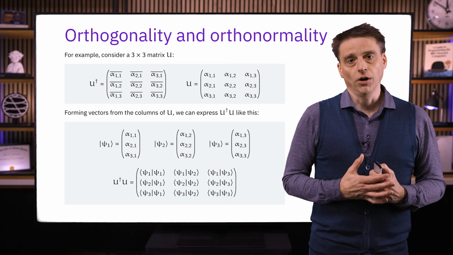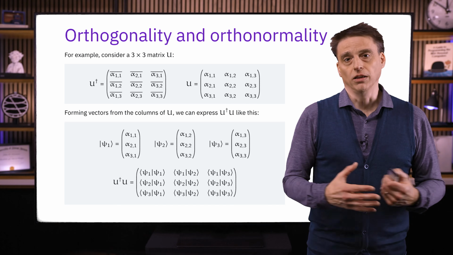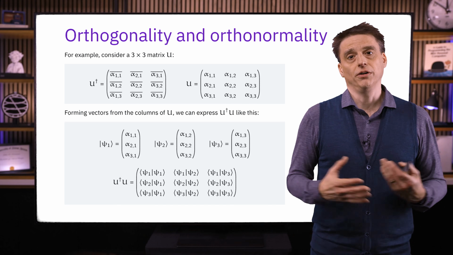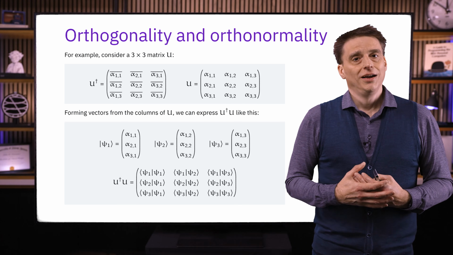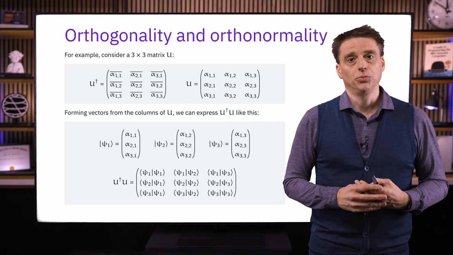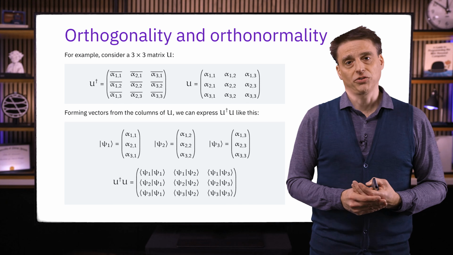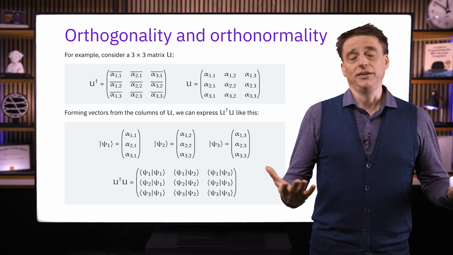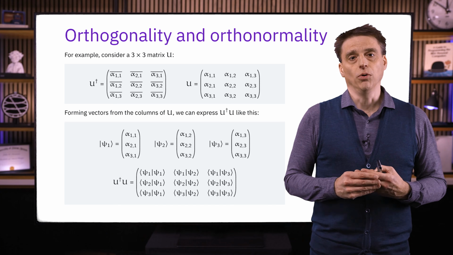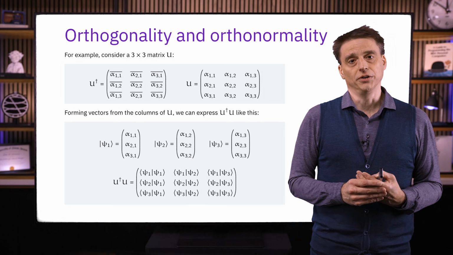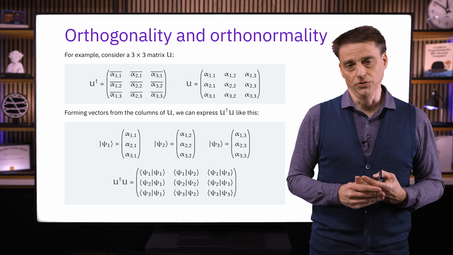You can follow a similar argument for the rows instead of the columns to conclude that U being unitary is equivalent to the rows forming an orthonormal basis. It doesn't work quite as nicely because we have to make an adjustment to get the complex conjugates to work in the right way, but the idea is the same. An alternative way to go about it, which is pretty straightforward, is to prove that a matrix is unitary if and only if its transpose is unitary.